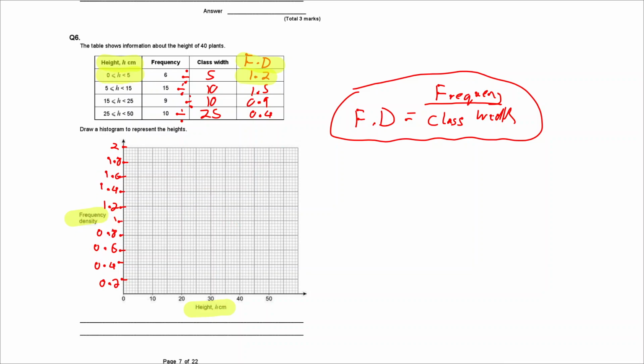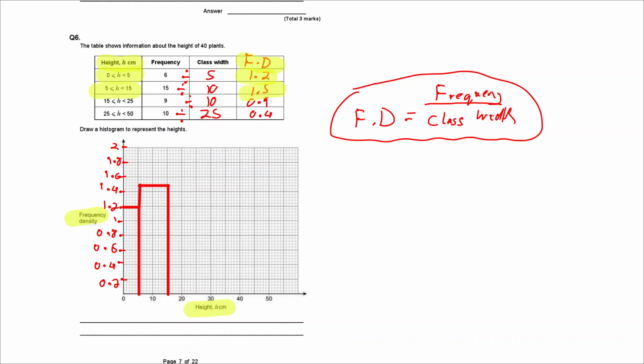Now, between 0 and 5, 5 is there and 1.2 is up there, so we go across, done. Then between 5 and 15 at 1.5, which is between 1.4 and 1.6, so we go across and then down again.